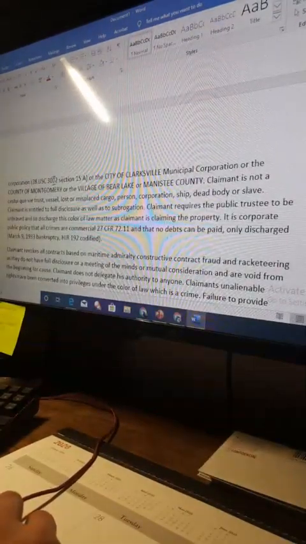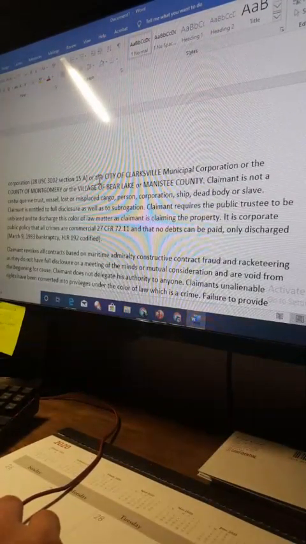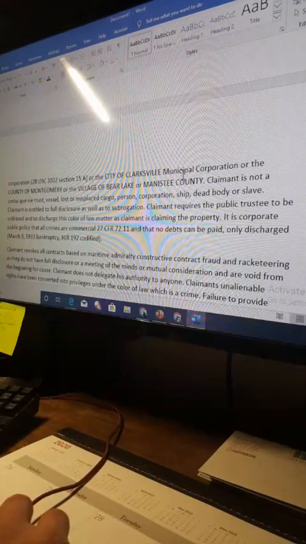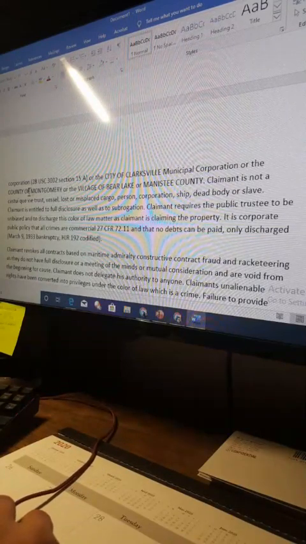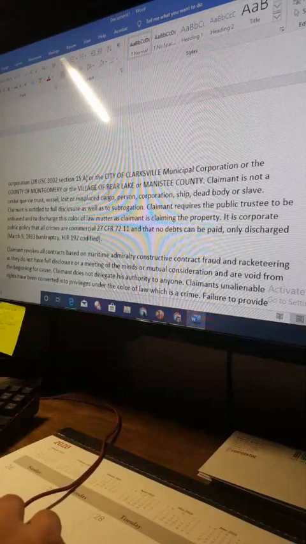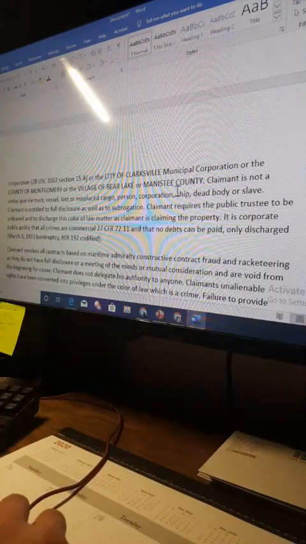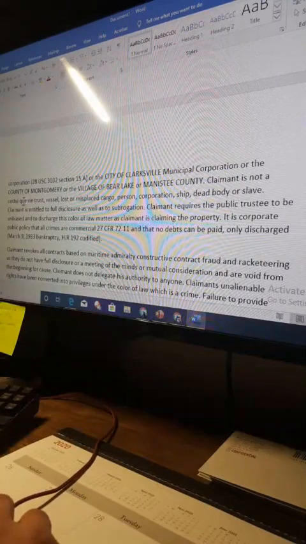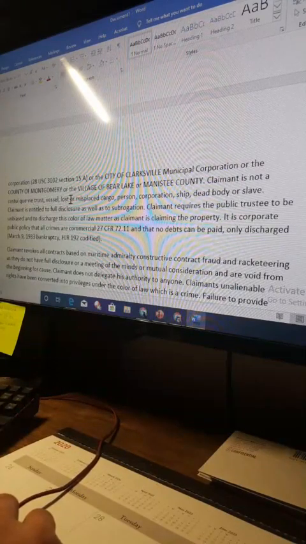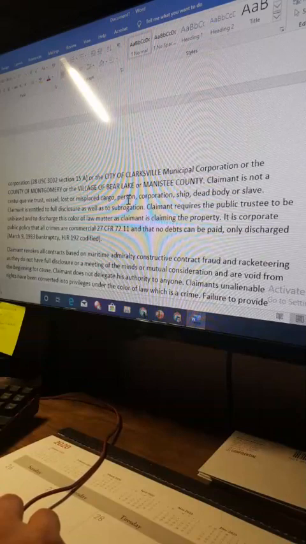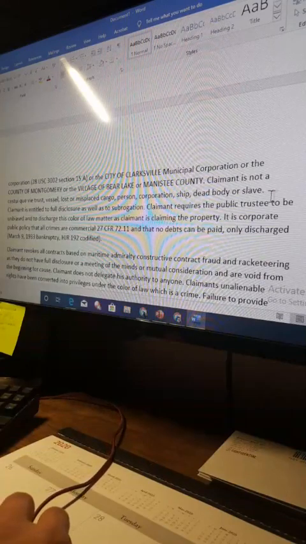Title 28, USC 3002, Section 15A. Or the city of Clarksville Municipal Corporation, or the county of Montgomery, or the village of Bear Lake, or Manistee County. Claimant is not a cestui que vie trust, vessel, lost or misplaced cargo, person, corporation, ship, dead body, or slave.